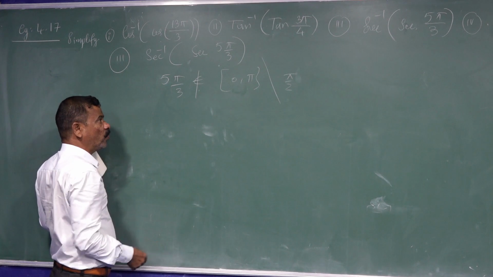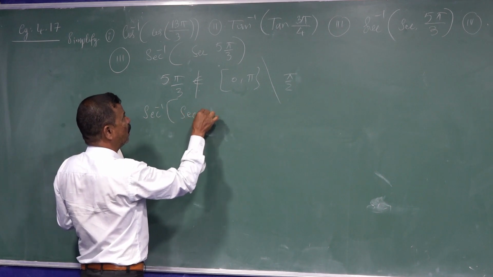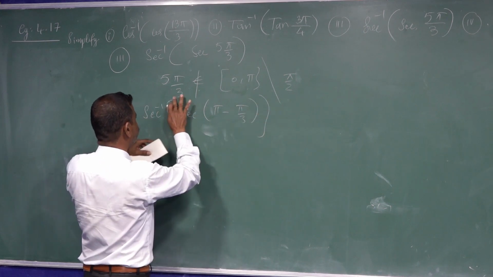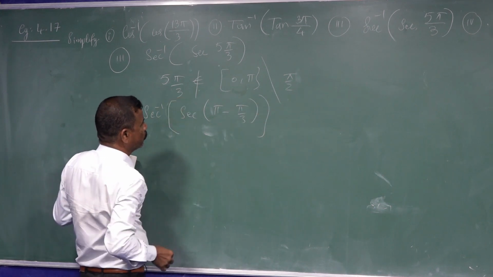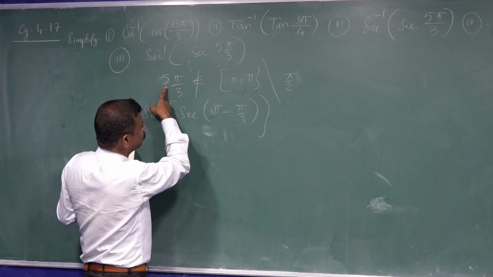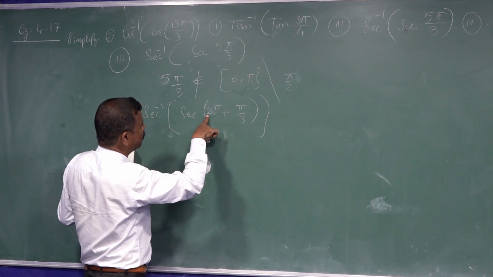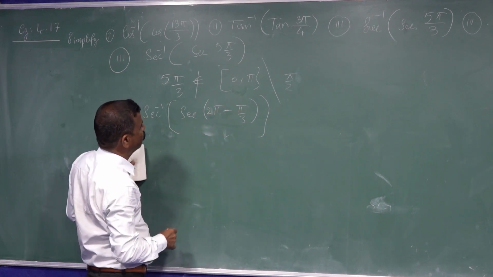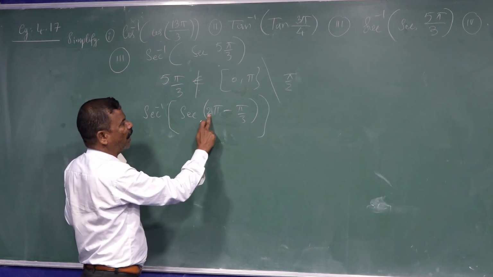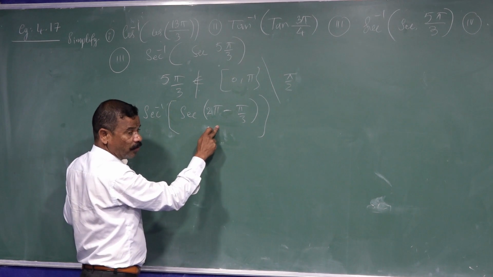So we reduce it to this domain. Sec inverse of sec of 2π minus π/3. Now we check: 3 2π minus... 2π, but here put 2π plus π/6 minus 1, 5π/3. Now take LCM, 3 into 2, 6π minus π, 5π/3 coming. So for the balance purpose we write like this.